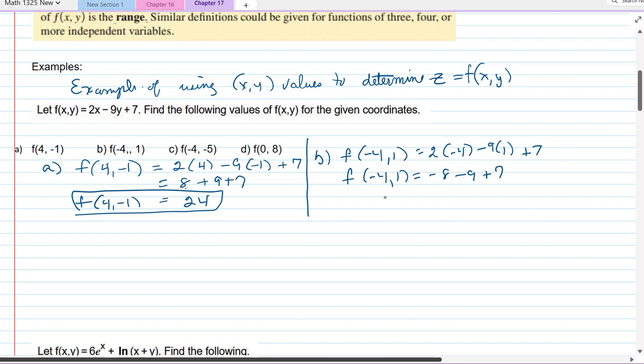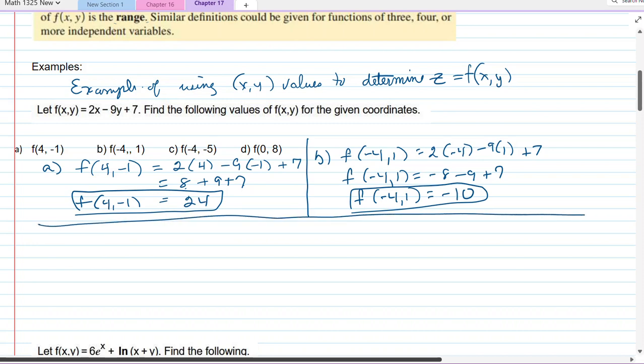So we're going to have f of negative 4 and 1 equal negative 10. Negative 8 and 7 is negative 1, and negative 1 and 9 is that value.